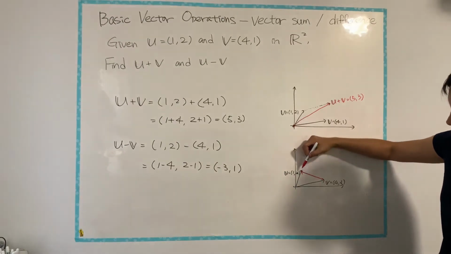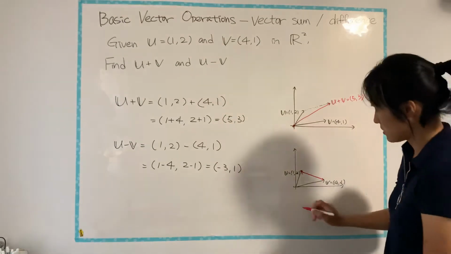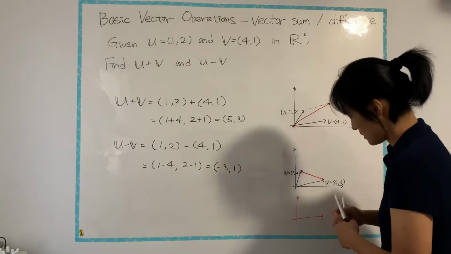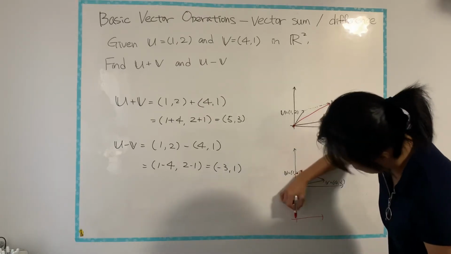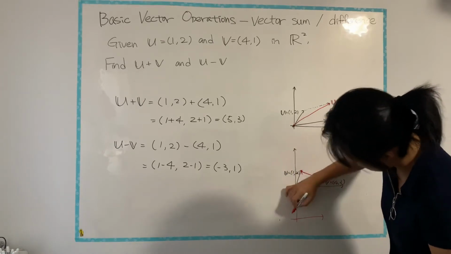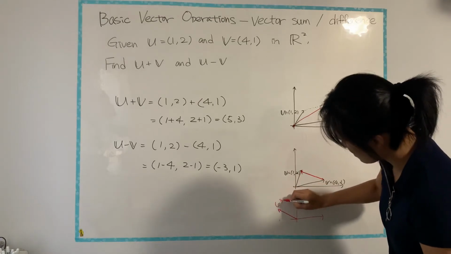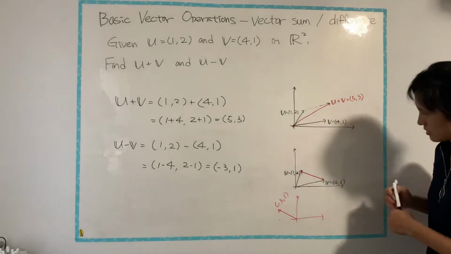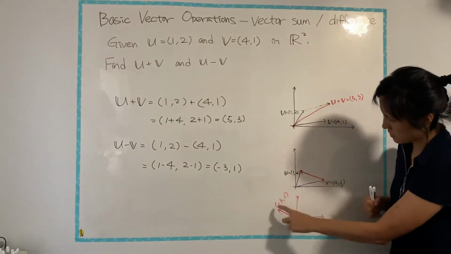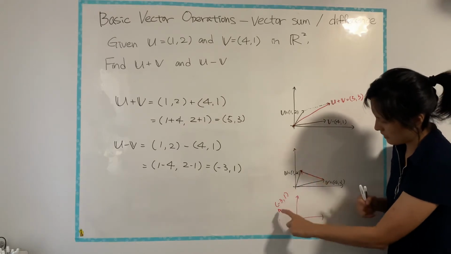Okay, so let's see. If I plot out this vector on the xy plane, what do I see? I will go along the x direction by 3 units, y direction by 1 unit. So this is my vector minus 3, 1. You can see that it's actually this vector, it has the same length and the same direction.